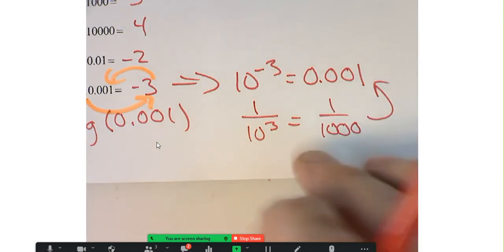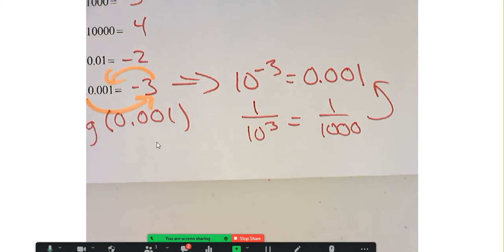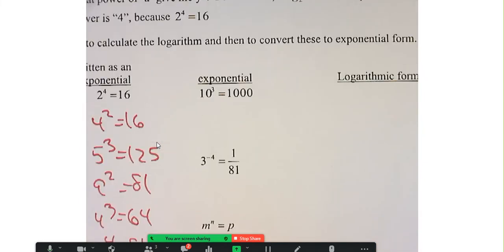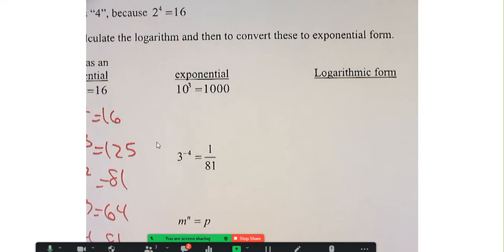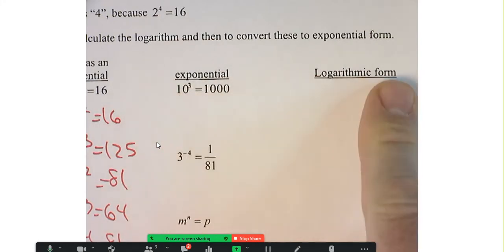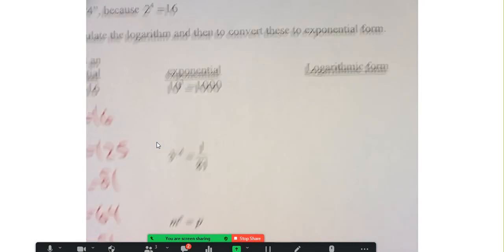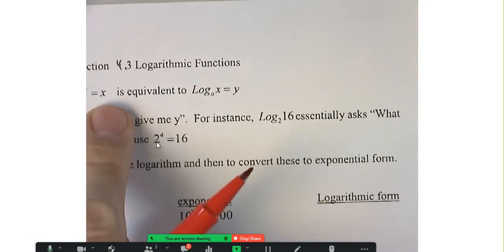Now we practice a lot going from logarithms to exponential forms. You could also be given this in another form. We could be asked to go from exponentials to logs. So going that direction, I would keep in mind what's at the top of your handout.